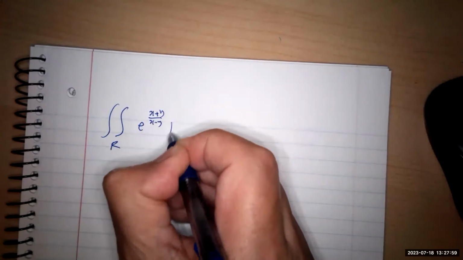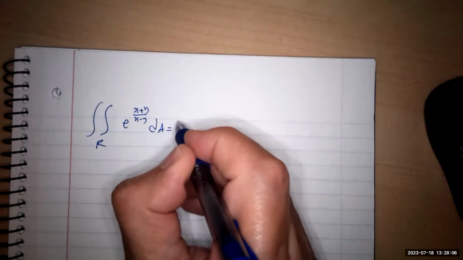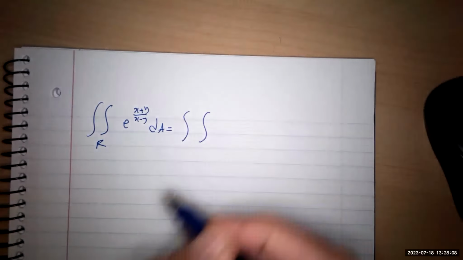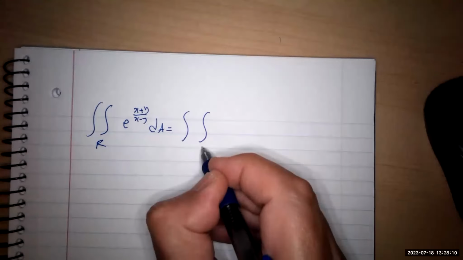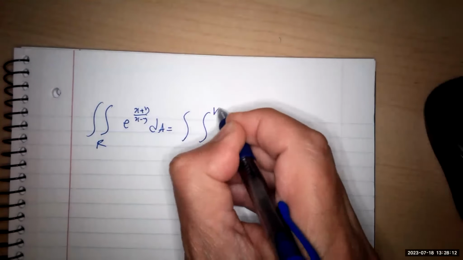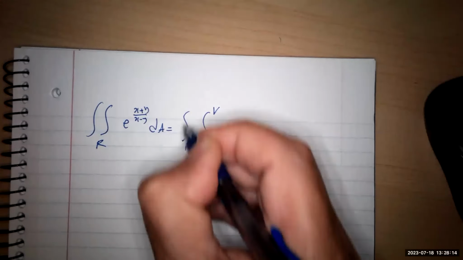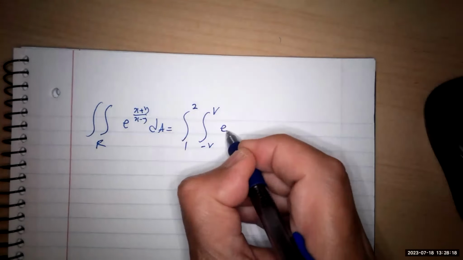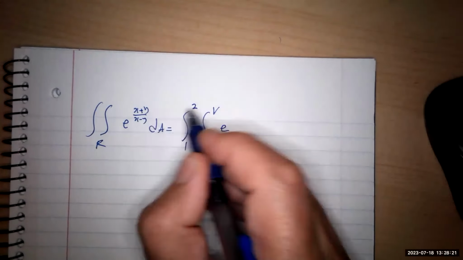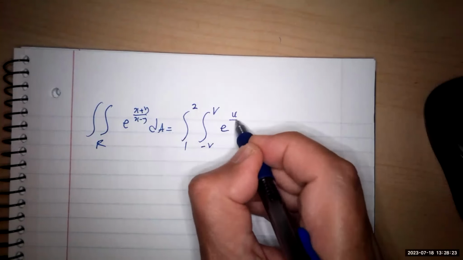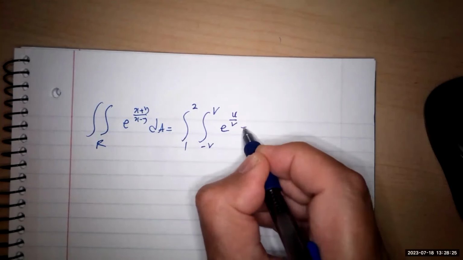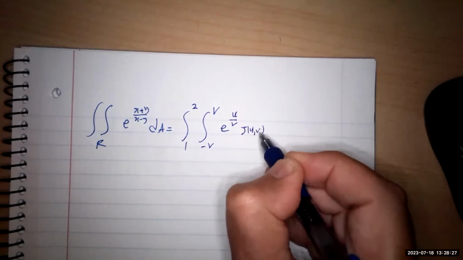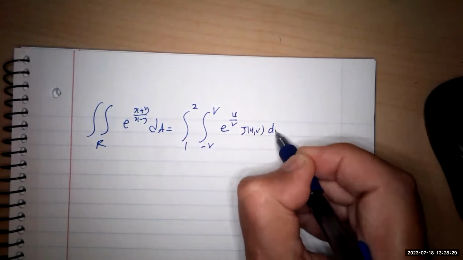So we change it to the double integral, starting from -v to v, then 1 to 2, of e to the u over v, and then we have our Jacobian, and we integrate with respect to u and v.